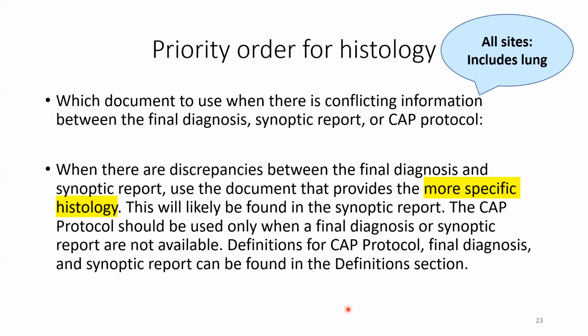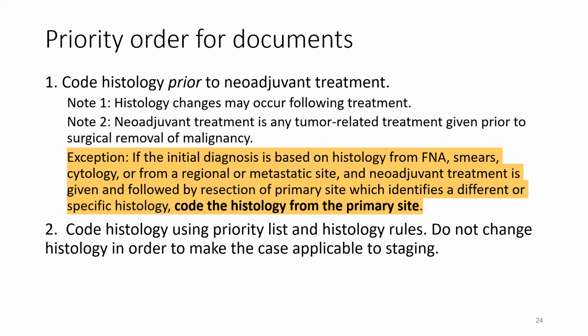You are looking for the most specific histology if these two reports differ on the same tissue, procedure, and path report. This section is specific to lung cancer, starting on page 197. So we want to code prior to neoadjuvant treatment. There is an exception now in the manual.